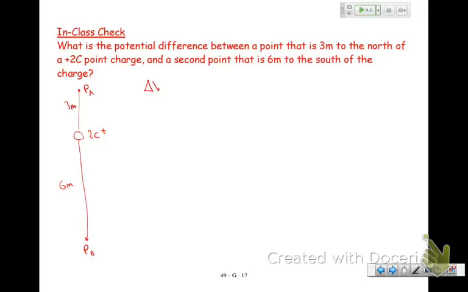My delta V is equal to KE times, what was it? Q, times 1 over R final minus 1 over R initial.